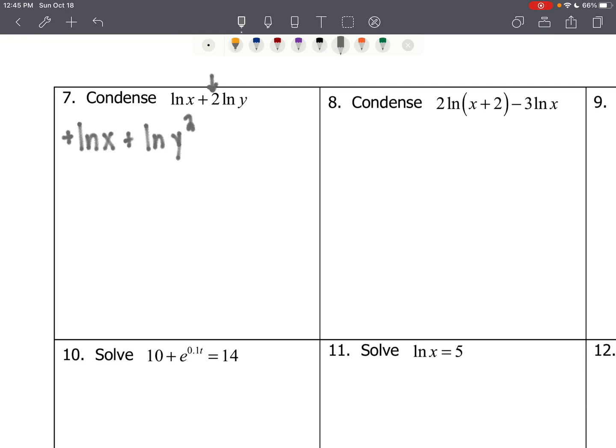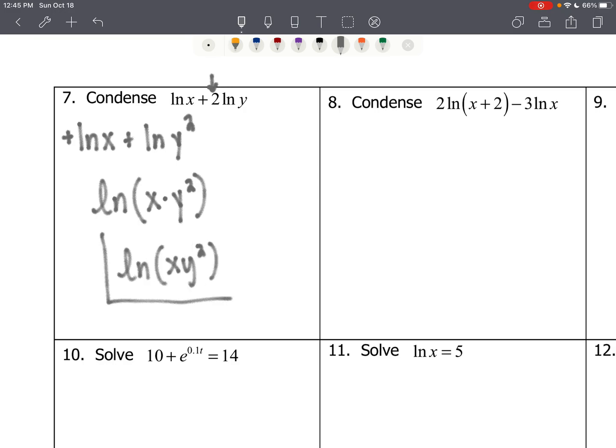These are both positive logarithms with the same base, so I can combine this to be the natural log, and then because they have positive logarithms, their arguments will be multiplied. They will be a product. So we tend to write xy squared just like that, xy squared.